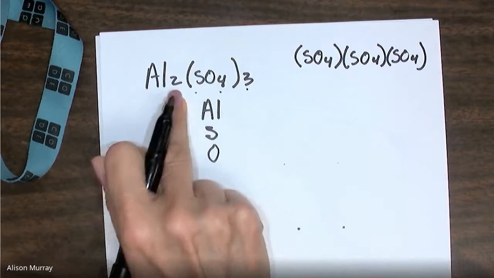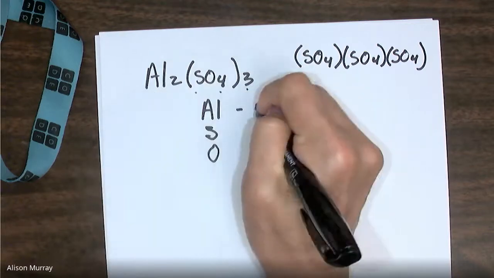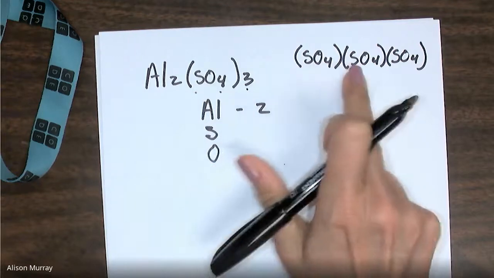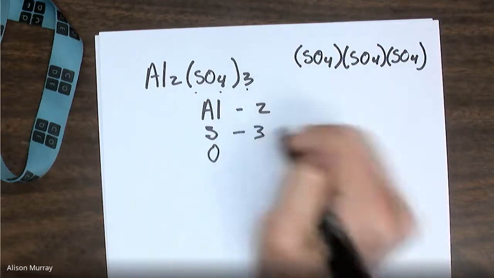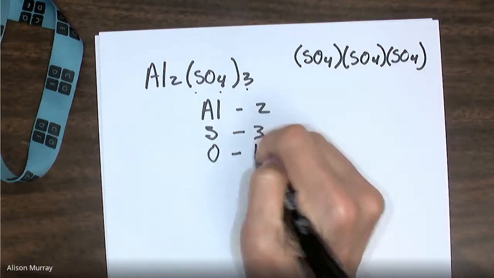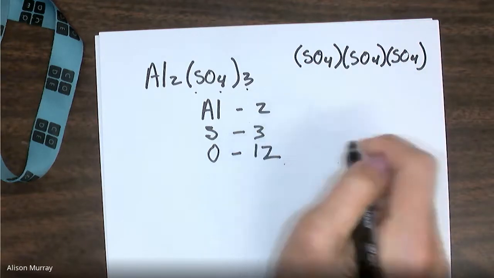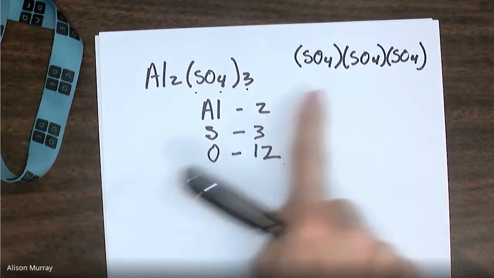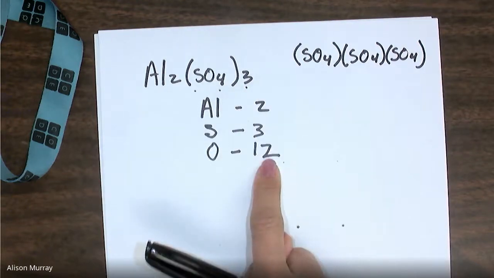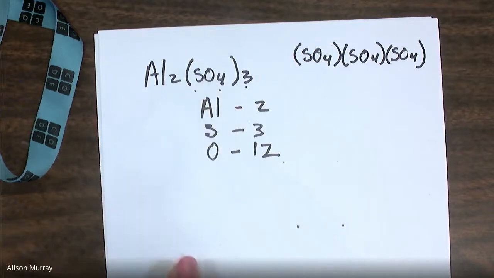There are 2 aluminums. There are, look, 3 sulfurs. There are 4, 4, and 4, 12 oxygens. Okay, because 4 times 3 is 12, but that 4 is only with the O. It is not with the S.